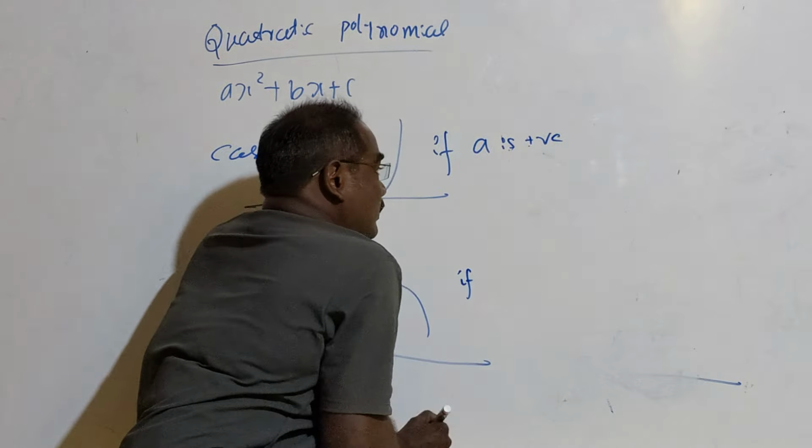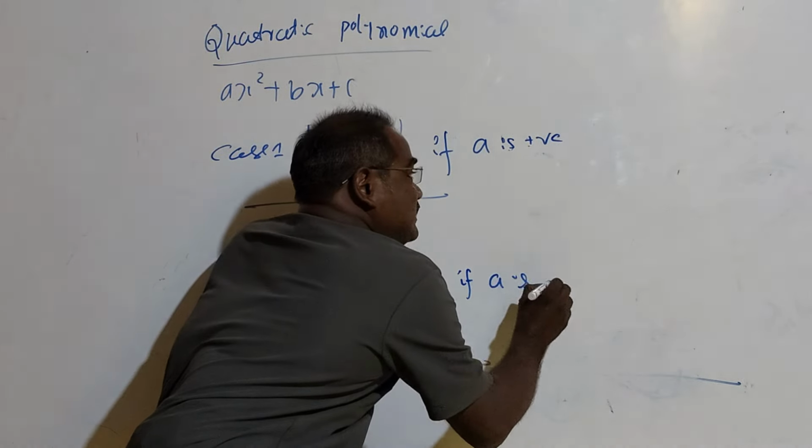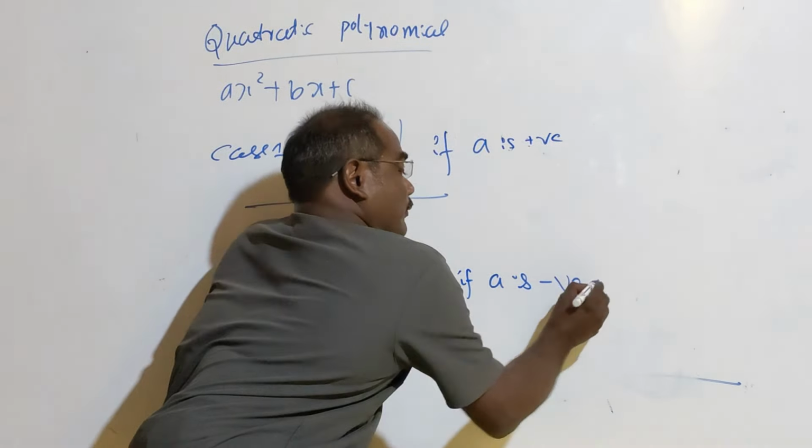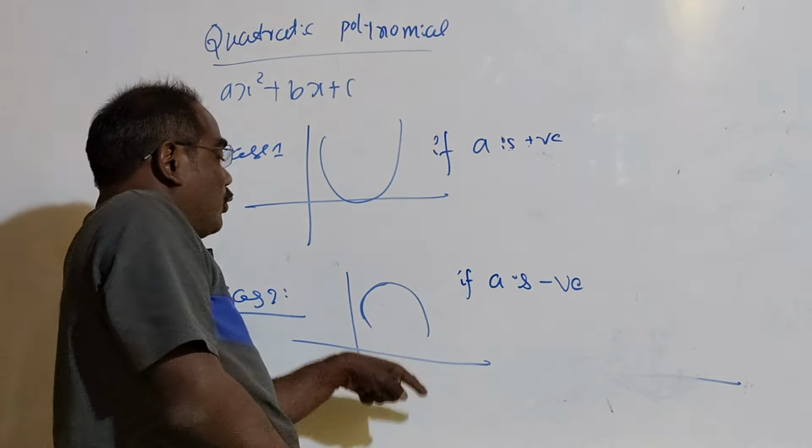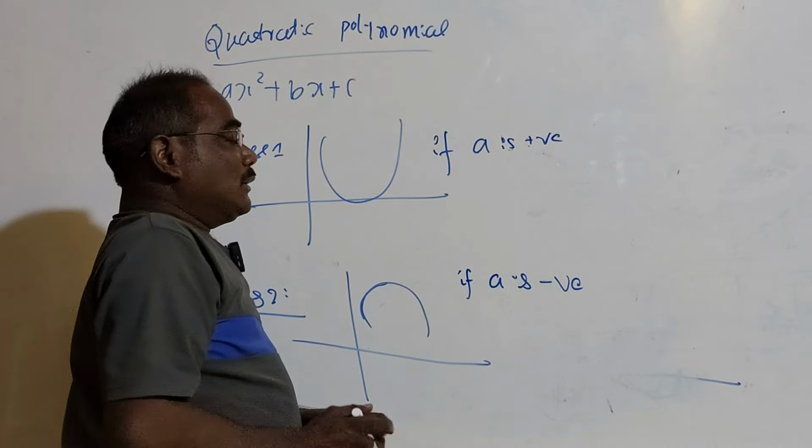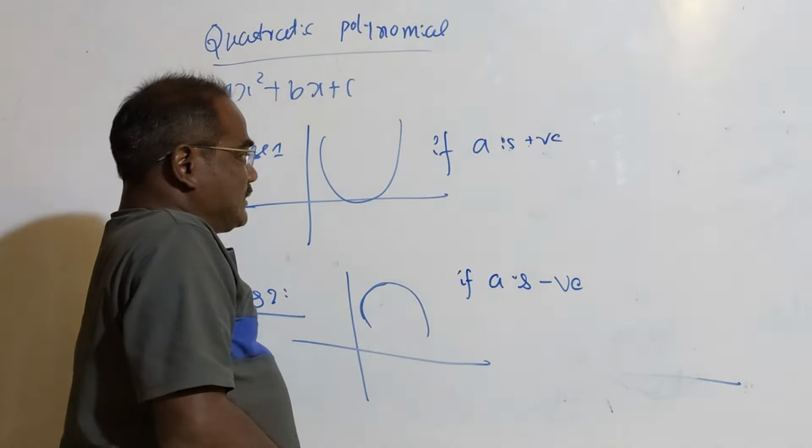If a is negative, the graph opens downward. We need to know this.